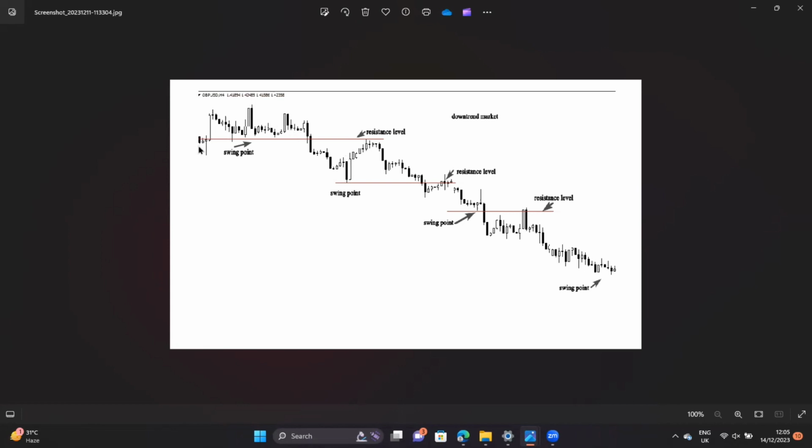Here a support was holding price along this area, but when price broke that zone, it went back there and what became a resistance, holding price from going further.